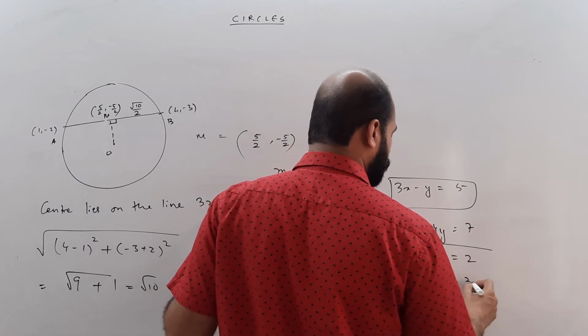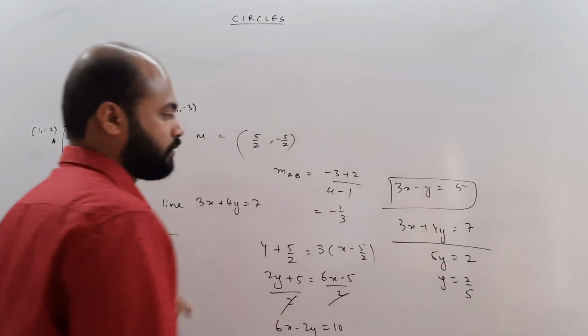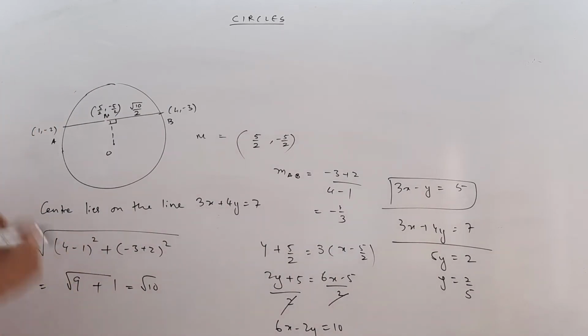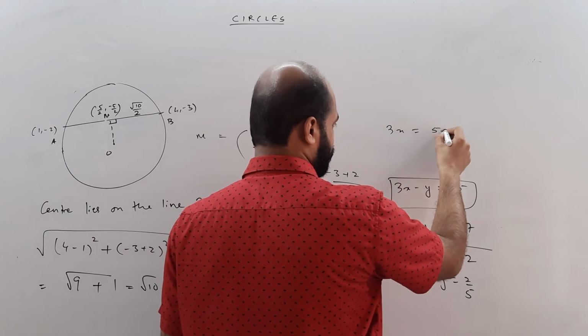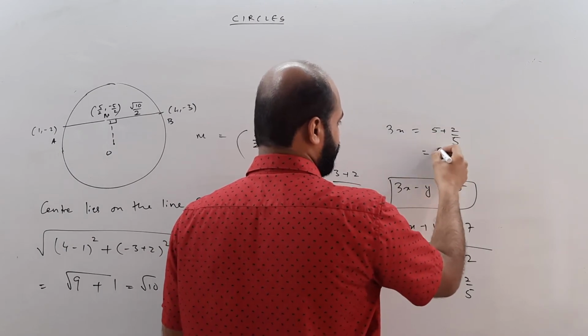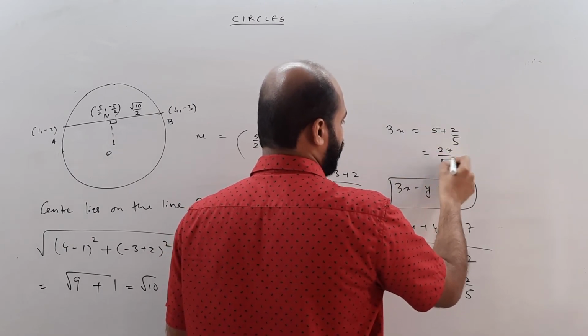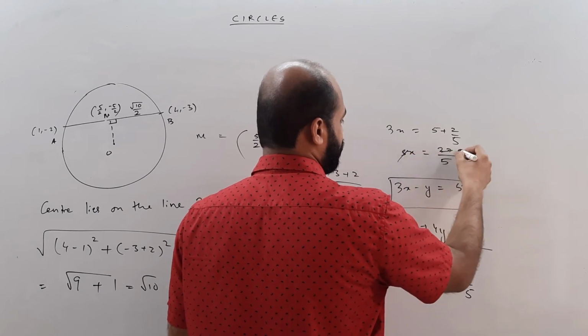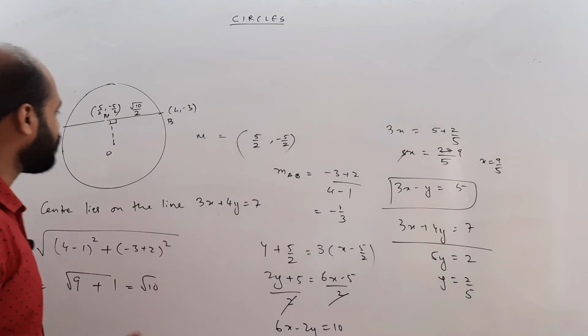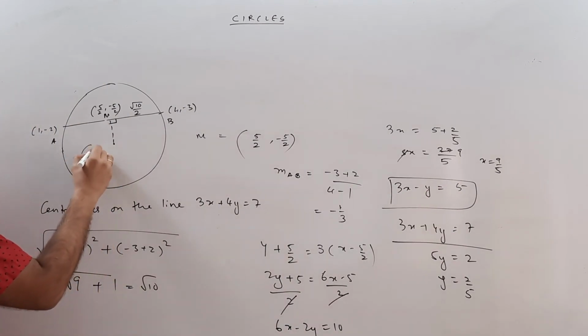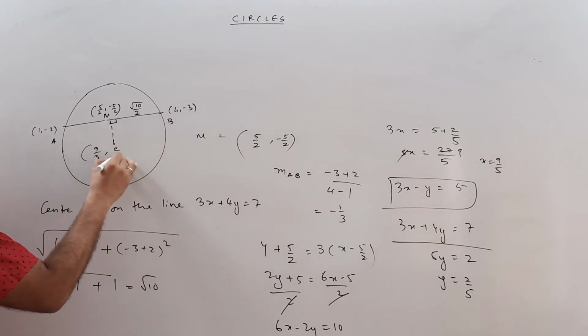So it means that y is 2/5. The y coordinate of the center is 2/5. So let's put it over here. And if you do this, we'll get 27/5. So x comes out as 9/5. So the center we have found now comes as (9/5, 2/5).